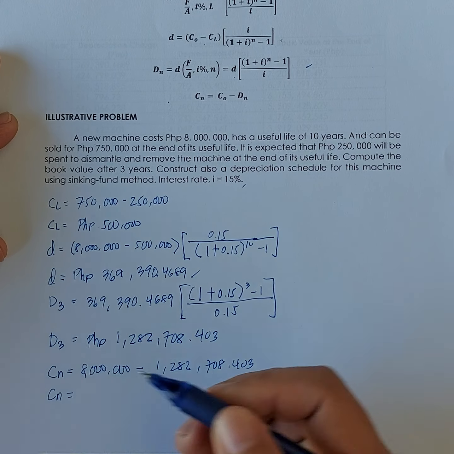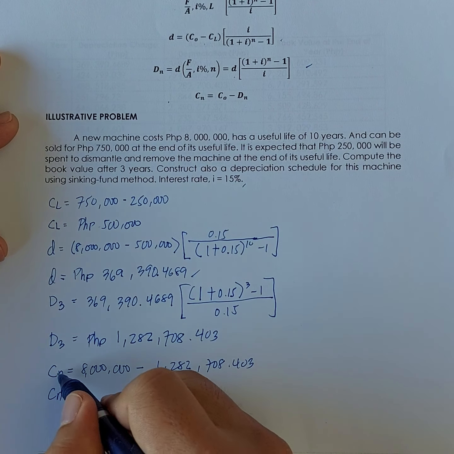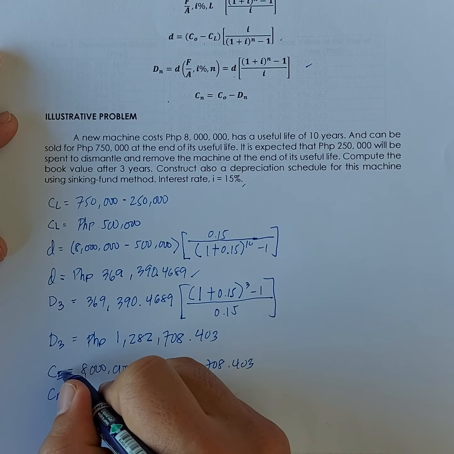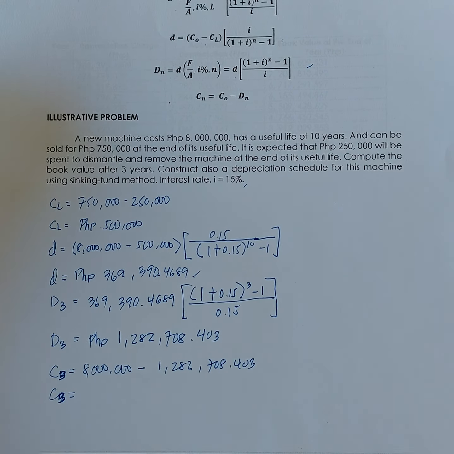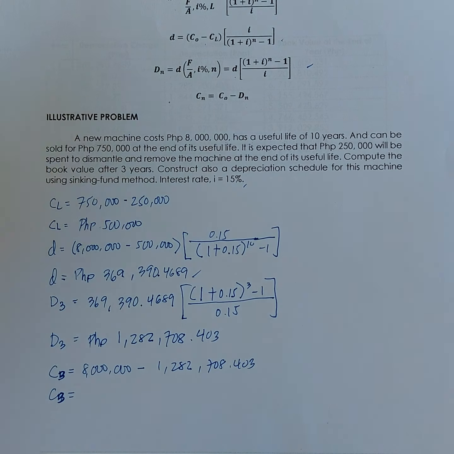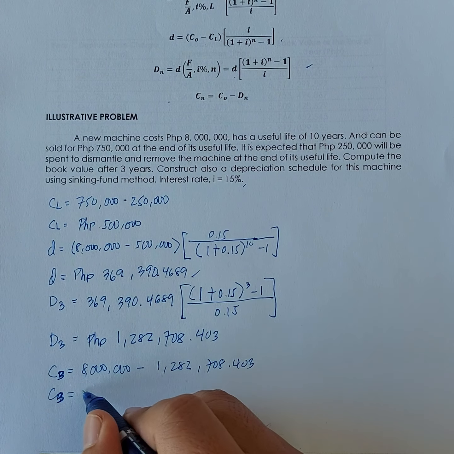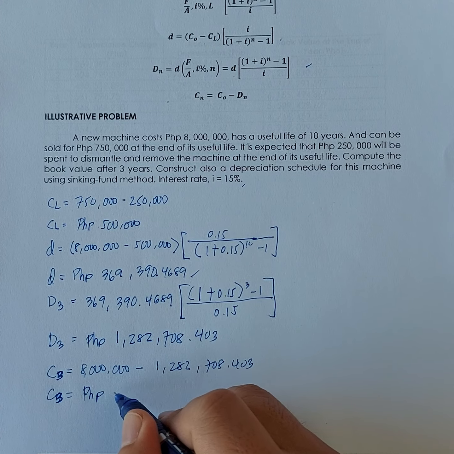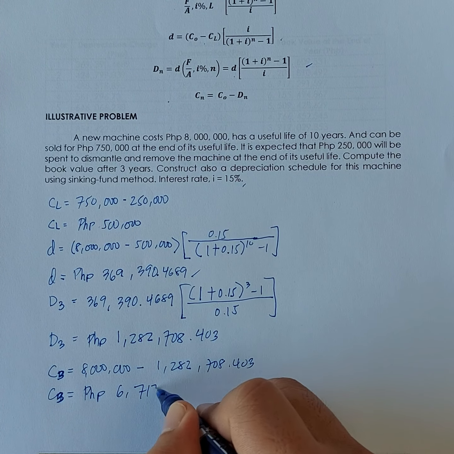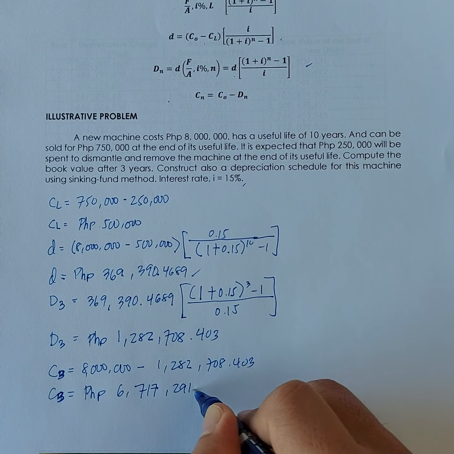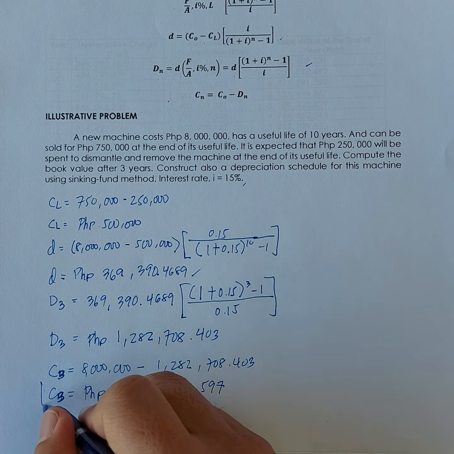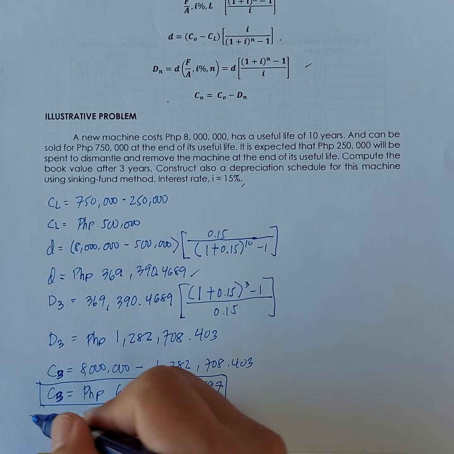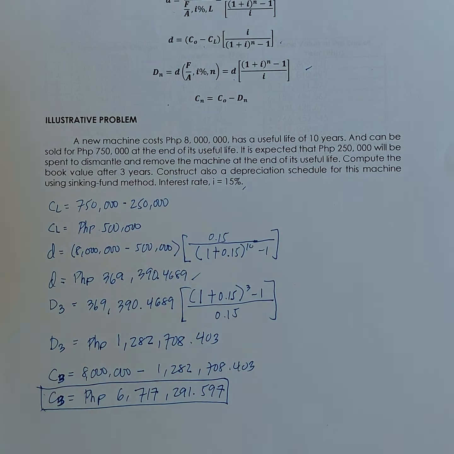So the book value, this should be C3. CN naman. So the book value in 3 years is equal to 6 million 717,291.597 pesos. So this would be the answer. No? That's the book value after 3 years.